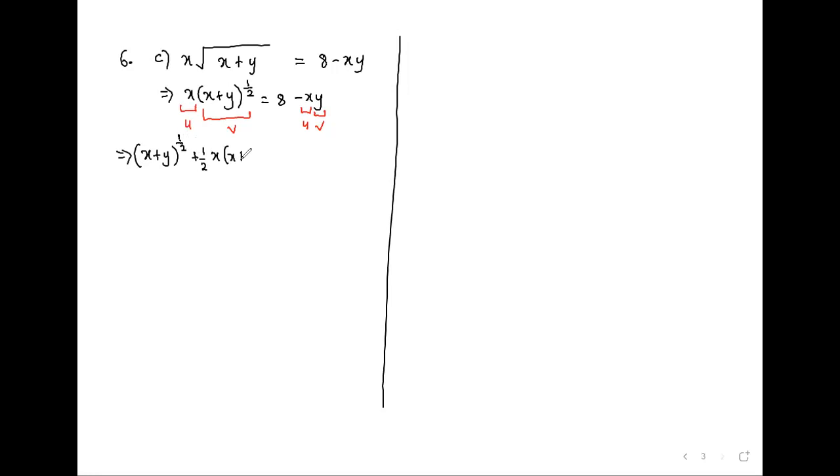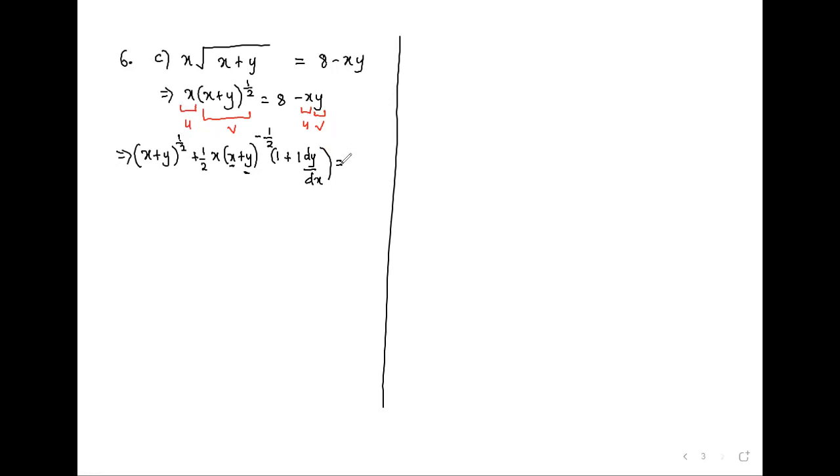Then you get (x plus y), you subtract 1 from half, it becomes negative half, and then multiply by the derivative of the inside. That is going to be 1 plus the derivative of y, that's going to be 1 multiplied by dy/dx.